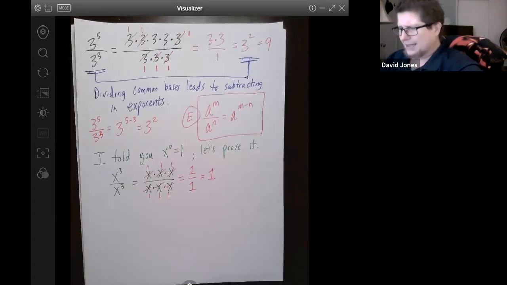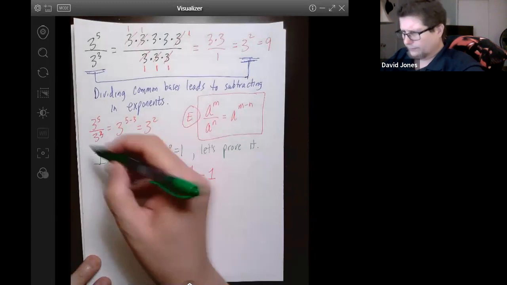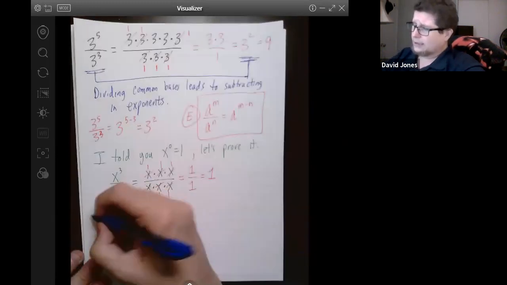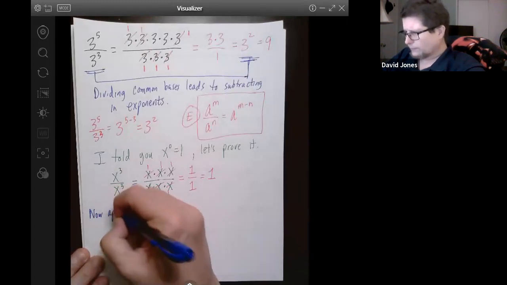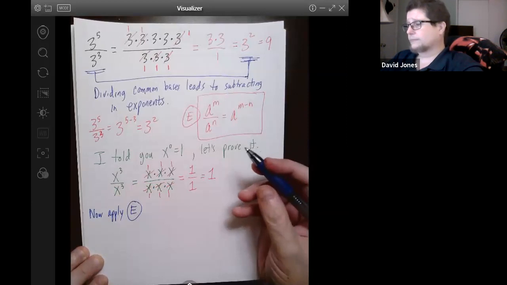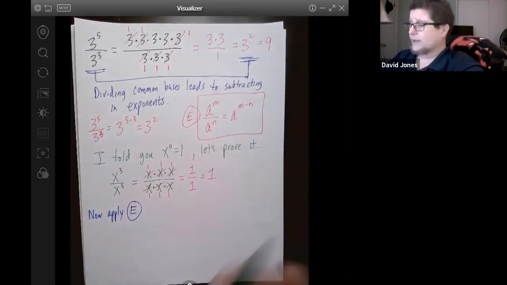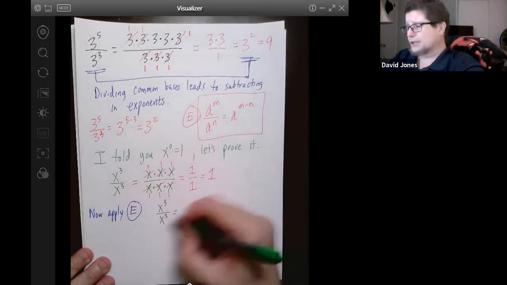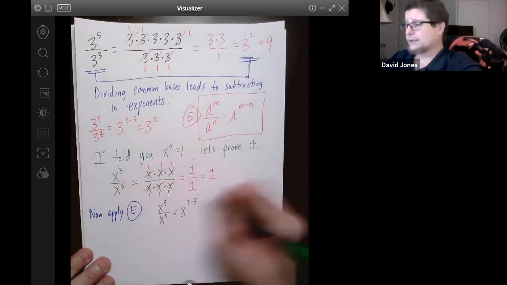If I apply the last thing, now apply E. X cubed over x cubed, they're the same base, we can subtract exponents.